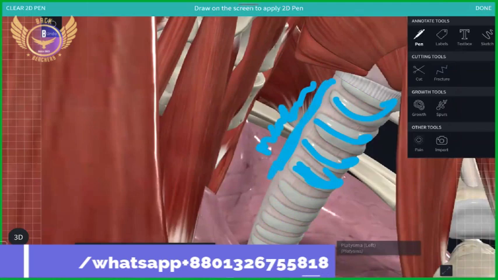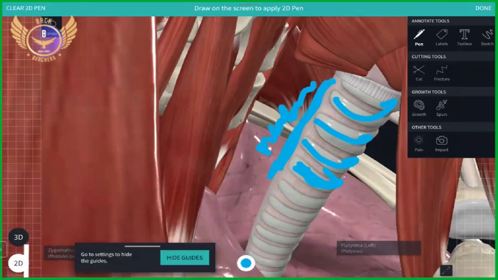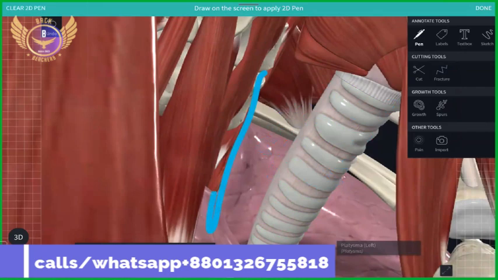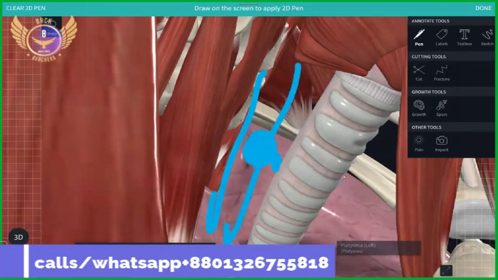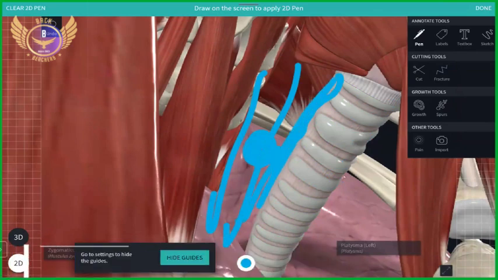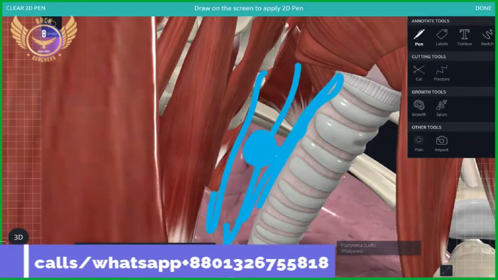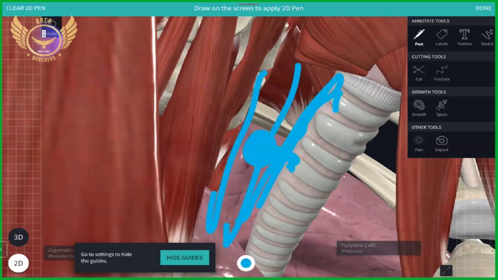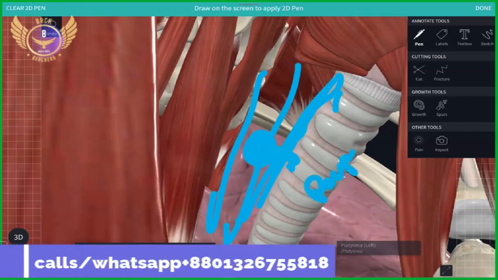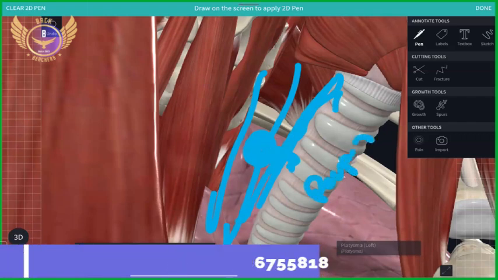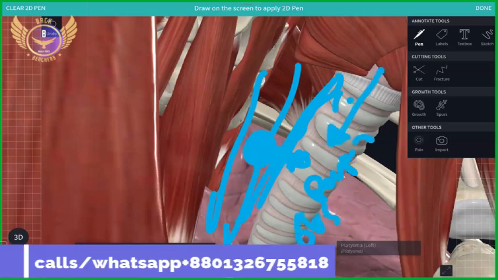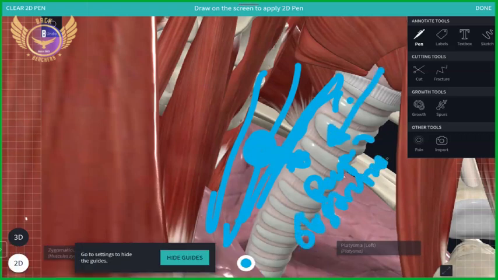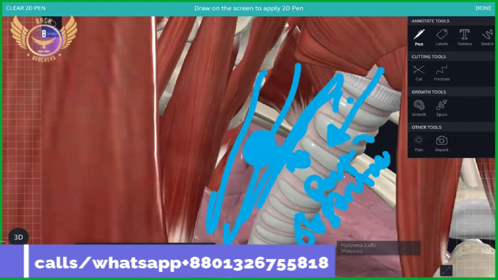Cartilage is a little bit hard. You cannot compress it. So here we have our esophagus, and if we have a tumor behind, it will compress this membranous part, and it will cause respiration problems. Very simple. It's pressing the trachea and the airway is obstructed. So we will have problems with respiration.